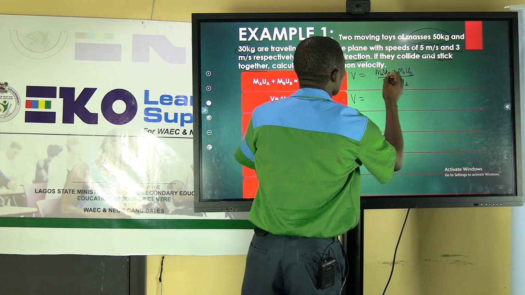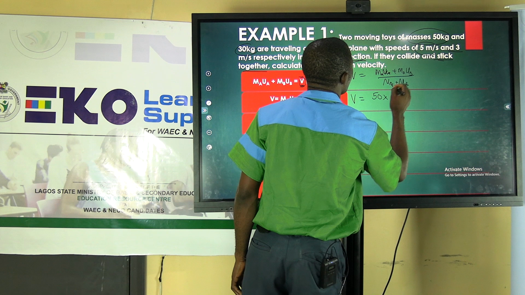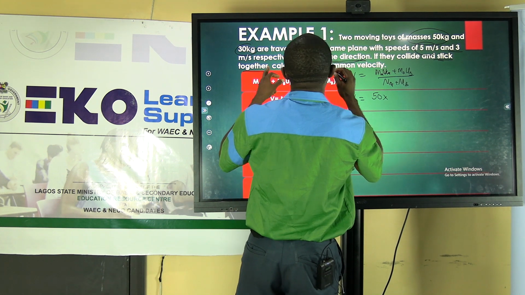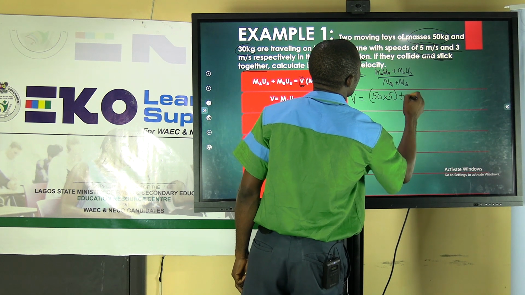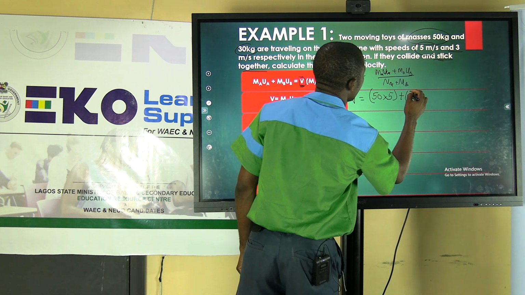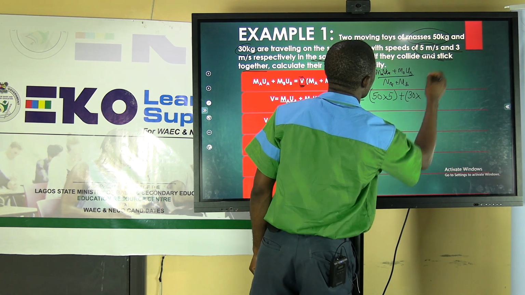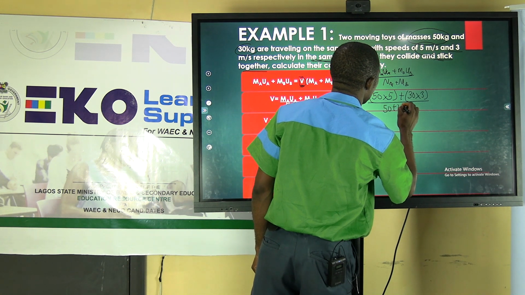So v will be equal to the value of the first mass, that's 50, times the initial velocity given here as 5, plus the second mass, which is 30, times the second velocity, which is 3, all over 50 plus 30.